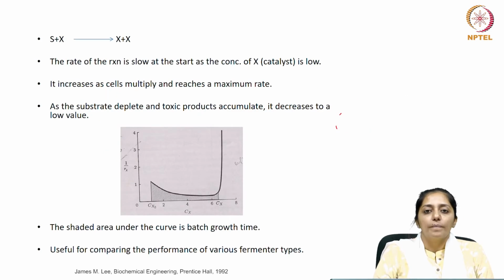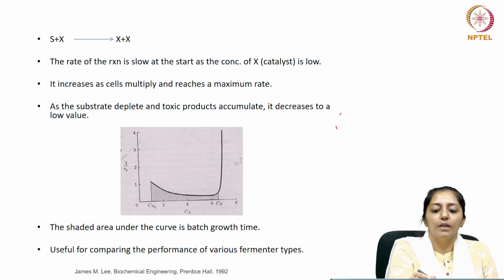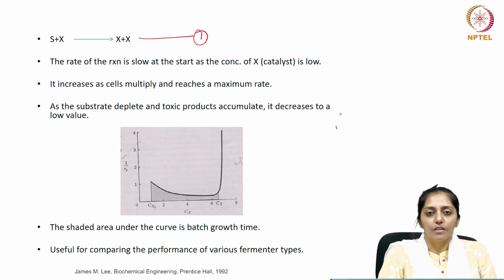So now, biological reactions or cell formation in a reactor is termed an autocatalytic reaction, where the biomass is said to be catalyzing further production of the biomass, as shown in the equation on top. So S stands for substrate.